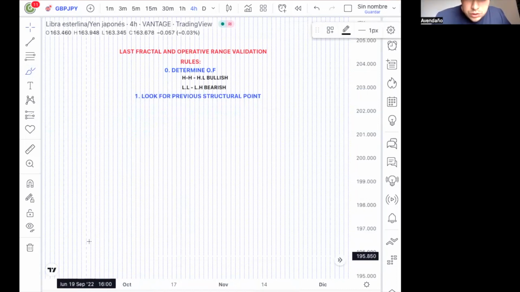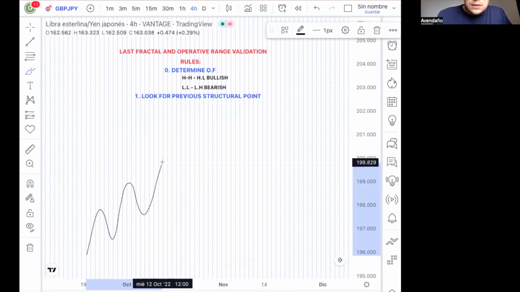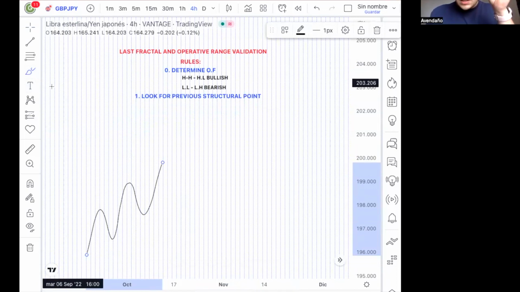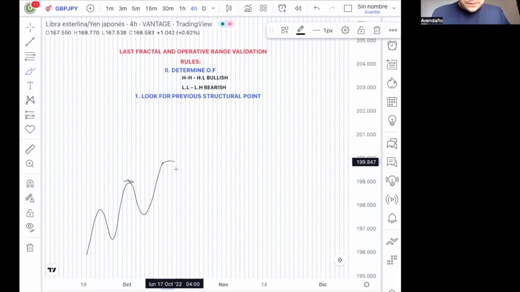A bullish structure may be something like this. As we are in a bullish structure, we will be looking for the previous structural points. In this case, since this is bullish, we will be looking for the previous higher high. This means this point, right?